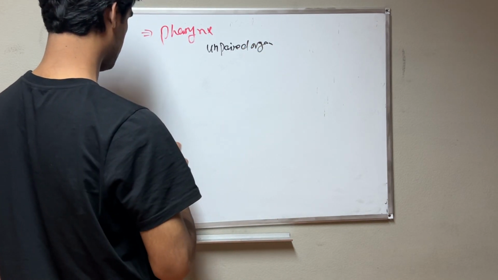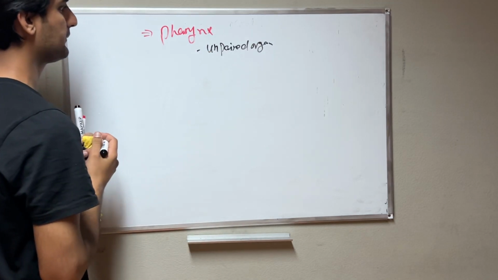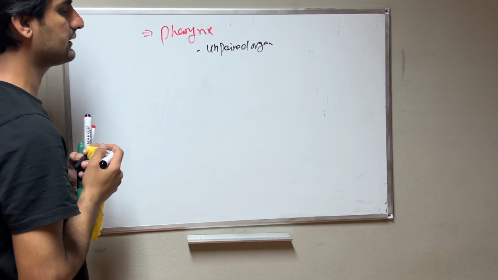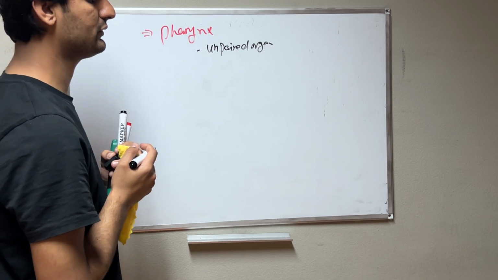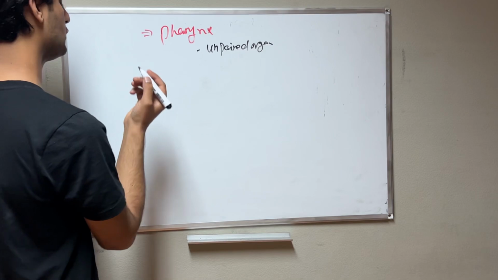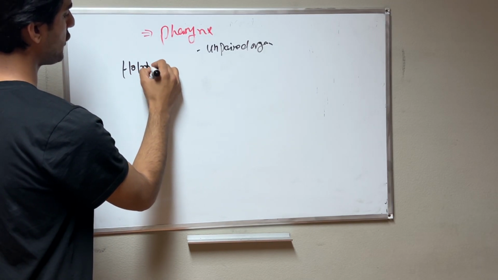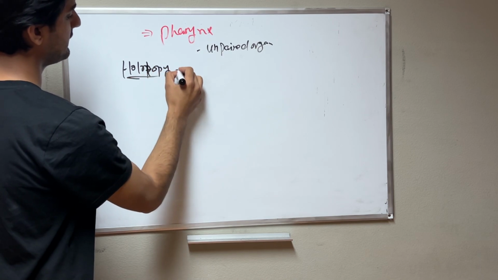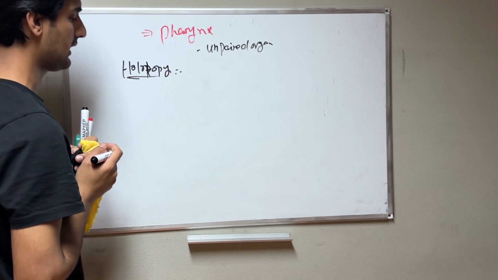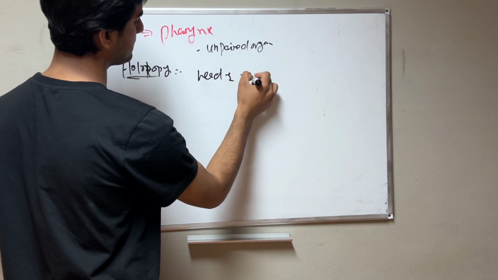I already told you, if you are discussing splanchnology, we need to study two main things in topography: skeletotopy and holotopy. Now the holotopy of the pharynx: it is located in the head and neck region.